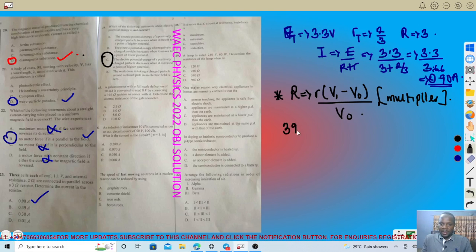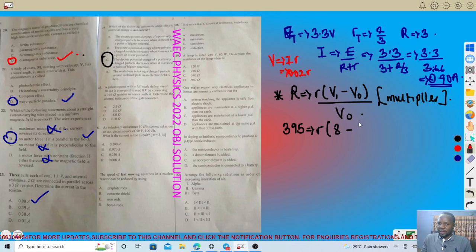I'm solving directly, my dear student. It is equal to the small letter r you are looking for. The capital V is given as 8 volts minus, let's do something. The small voltage v is equal to I times the small r. The I is the current. It is given as 20 milliamps, which is 0.02 amps. I have multiplied by 10 raised to negative 3 to get this. Multiply by the internal resistance, which I don't know.